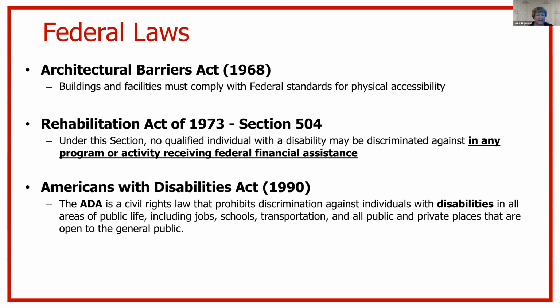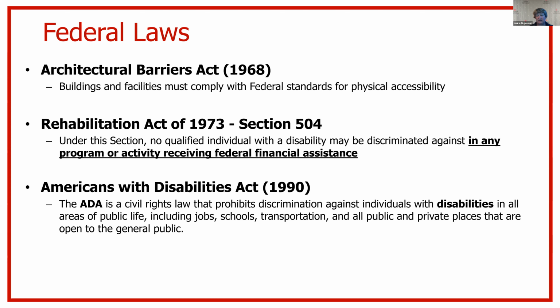The really big one to look at here is the Rehabilitation Act of 1973, Section 504. Under this section, no qualified individual with a disability may be discriminated against in any program or activity receiving federal financial assistance. So the college, the university gets money, federal money, extension does.